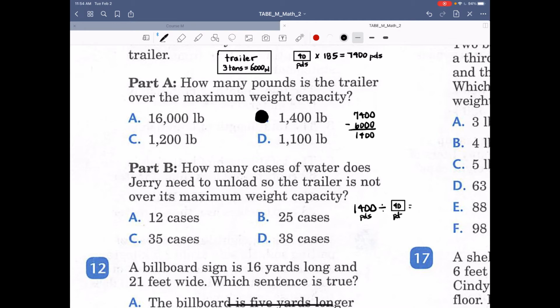Those have to match, guys, or this won't work. So 1,400 divided by 40 is 35. So if he removes 35 cases, he will be okay.